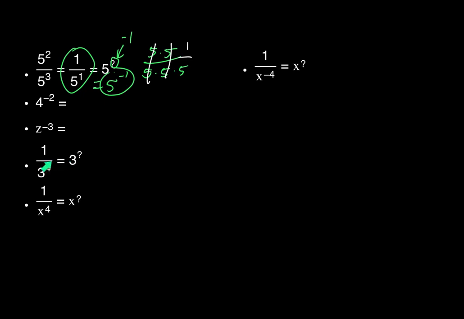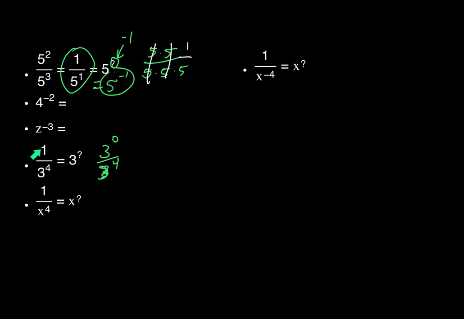Let's take a look at this one for a second, then we'll come back to the others. 1 over 3 to the 4th. This 1 right here, I'm going to rewrite it as 3 to a power. 3 to what power is 1? 3 to the 0 power is 1. 3 to the 4th power.